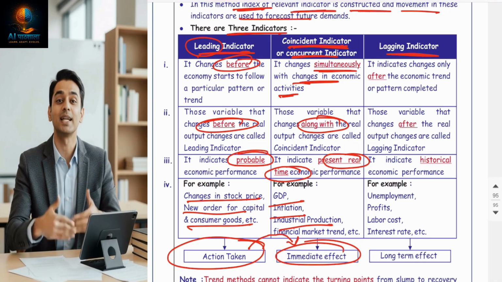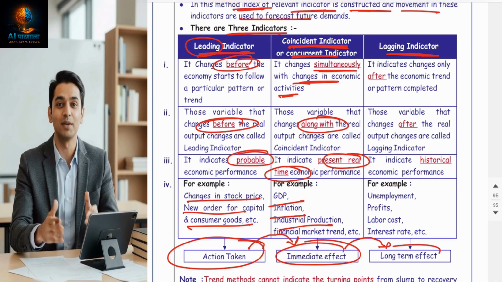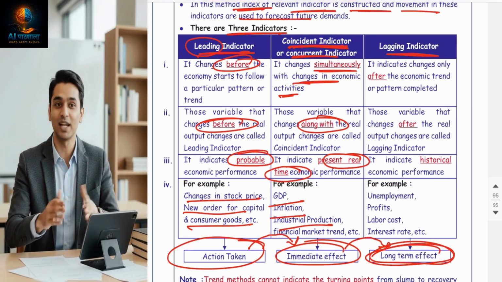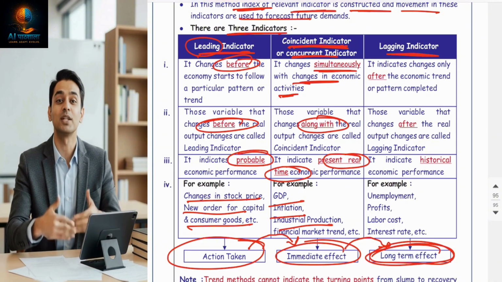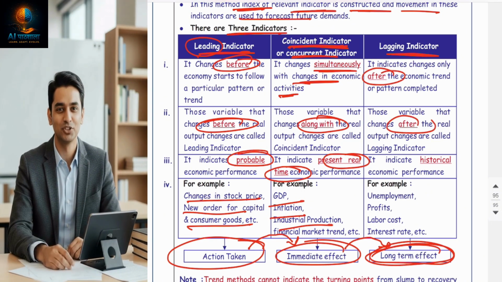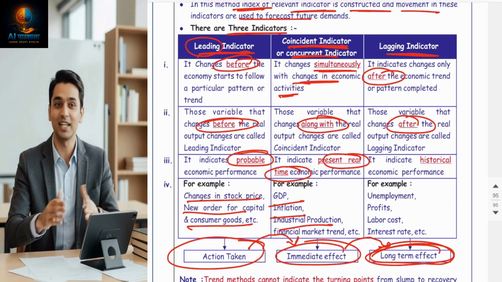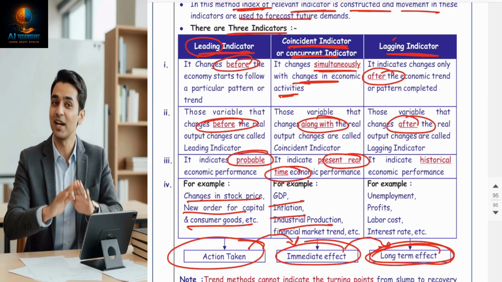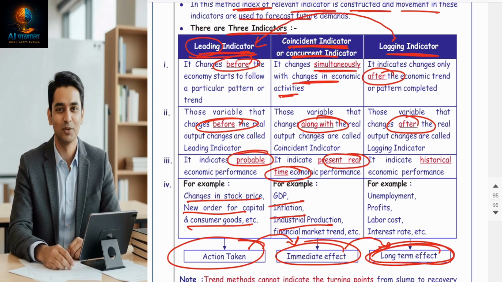But the other one is the lagging indicator, which indicates long-term impact. It changes after the economy changes and shows past trends. It indicates the long-term positive and negative impacts. By understanding this past impact, again the government can take action with the leading indicator.